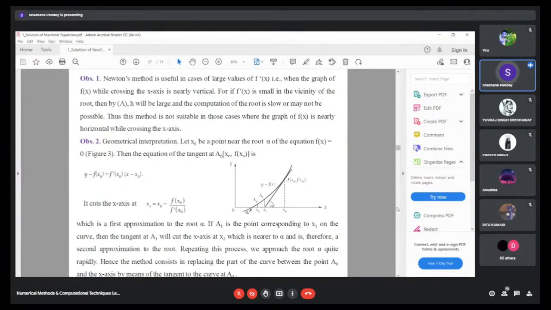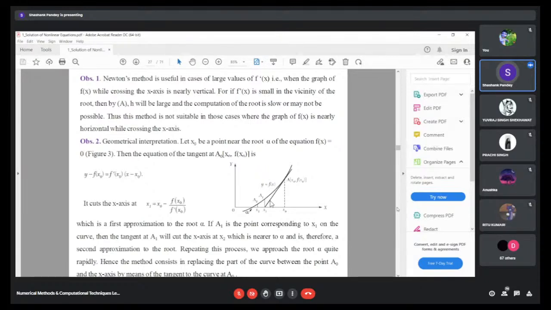At point x1 we have y equal to 0, which turns this equation into x1 = x0 minus f(x0) upon f'(x0). So this is how we have found our first root, that is x1.